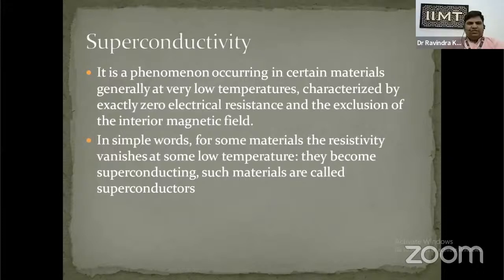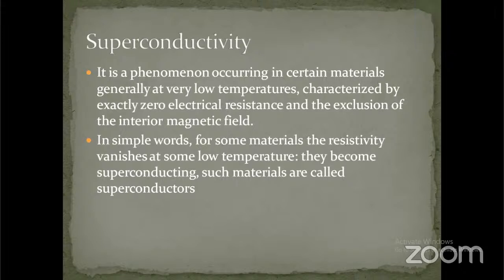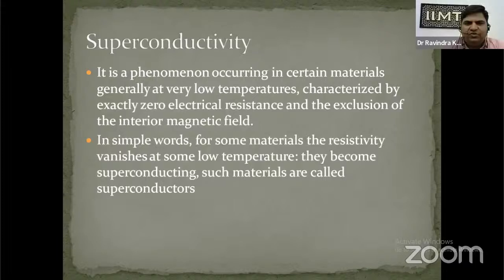Now, what is superconductivity? It is a phenomenon occurring in certain materials, generally at very low temperature, characterized by exactly zero electrical resistance. This is the important term. Means it has zero electrical resistance, means no opposition.